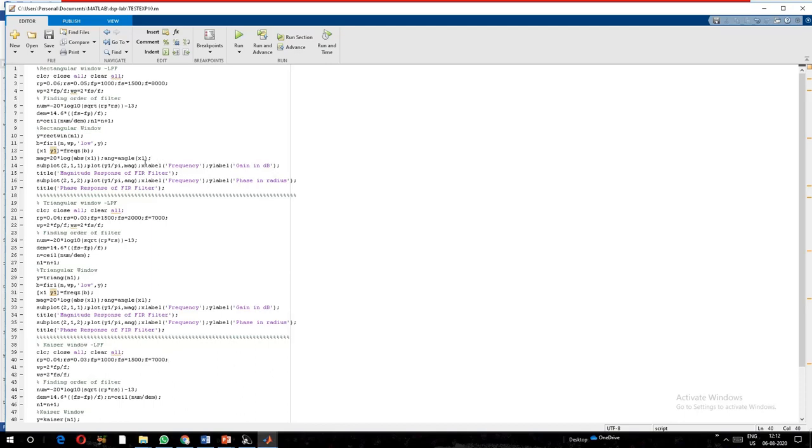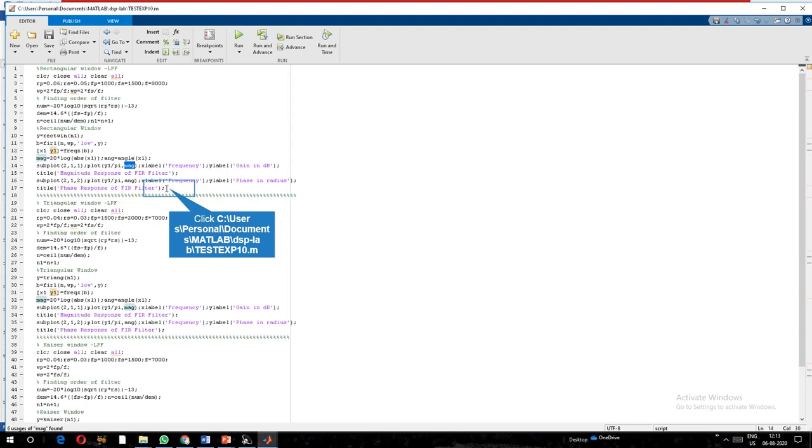With this we can plot the magnitude response of the FIR filter by taking the magnitude and plotting y1 by pi, where pi is used for normalization. The x-axis will be normalized frequency and the y-axis will be gain in dB. At the same time, we find the phase angle also, so we get the phase response of the FIR filter.